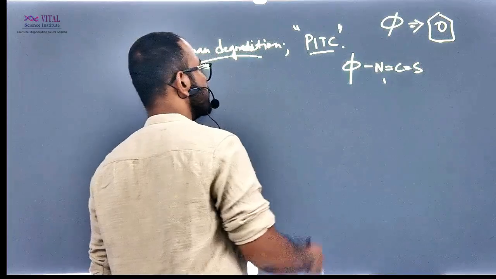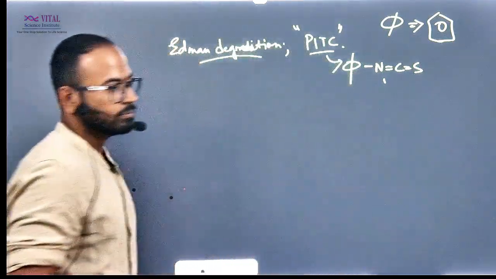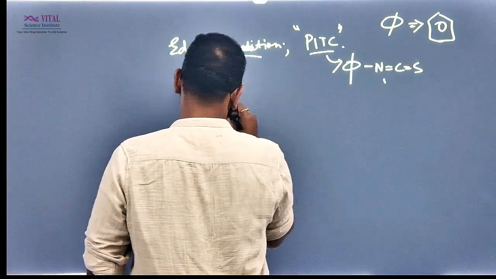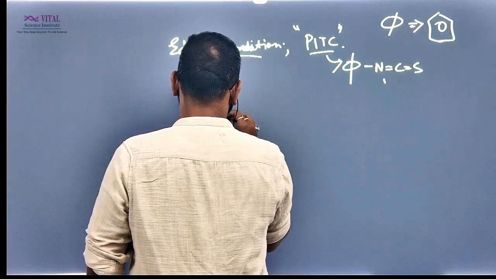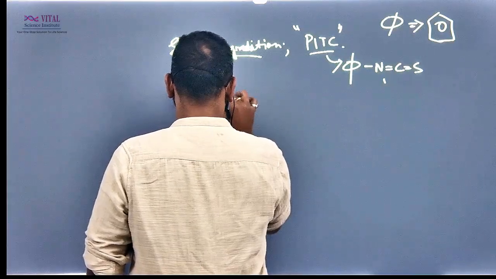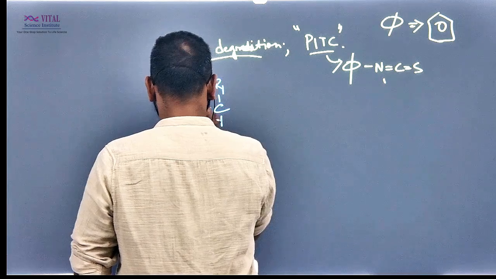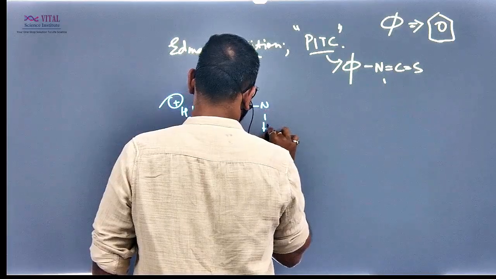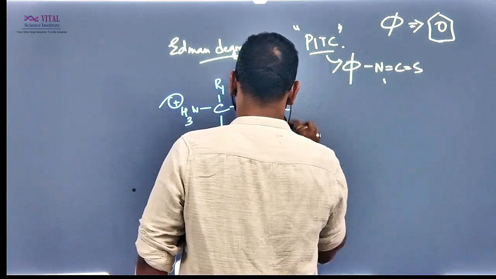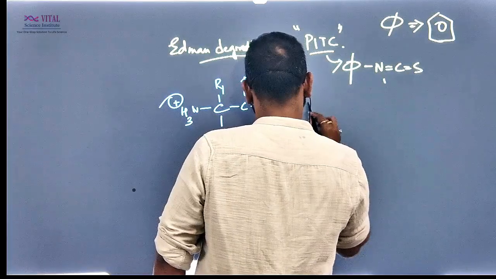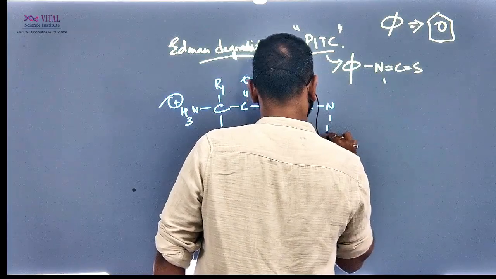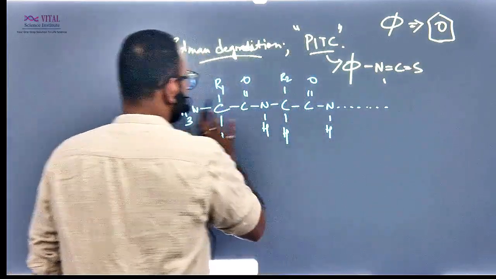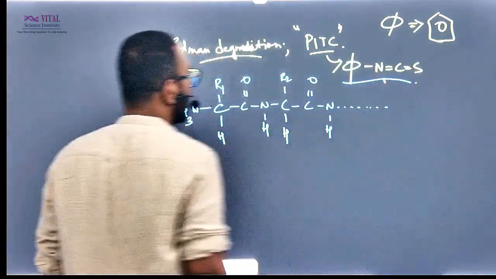So this is our PITC structure. Now, suppose there lies our peptide chain, and this is our phenyl isothiocyanate.